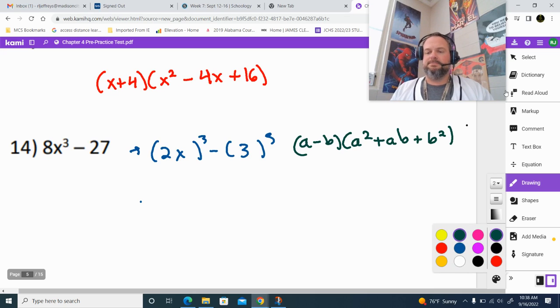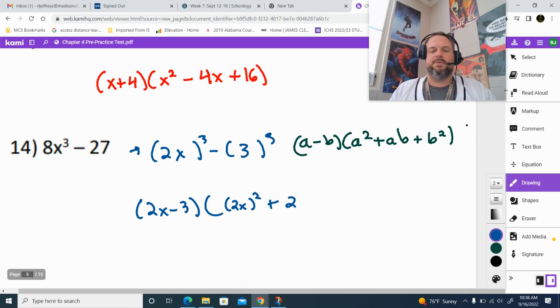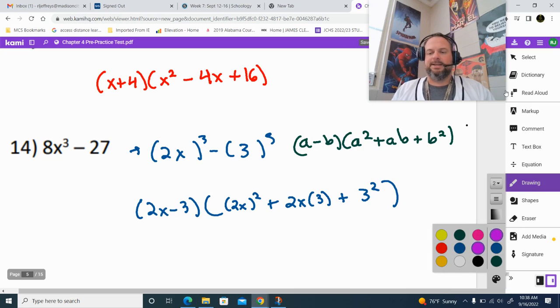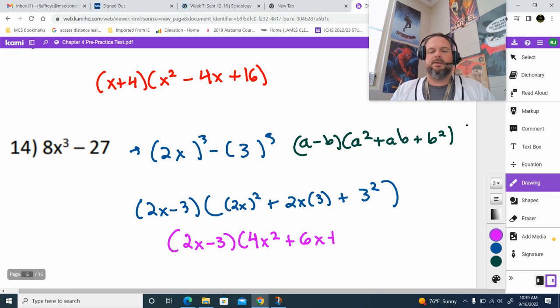Well, if we plug it in, all right, so I'm actually going to have to square 2x. I'm going to have 2x times 3 plus 3 squared. Okay, well, when I clean this up, 2x, all of that to the second power is 4x squared plus 6x plus 9.